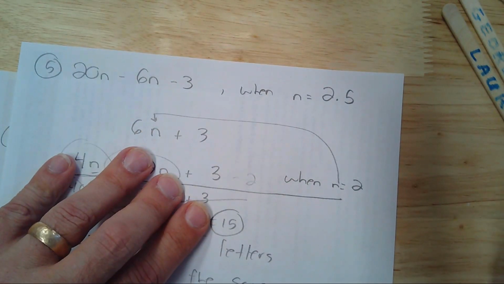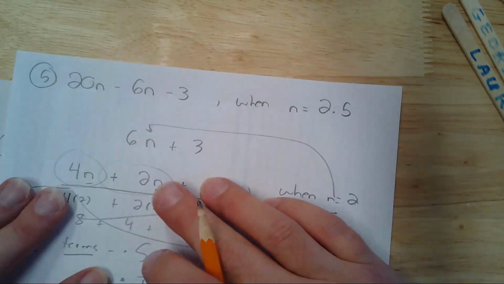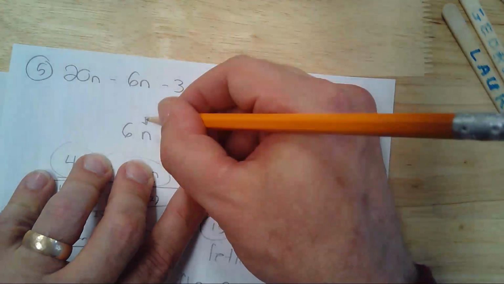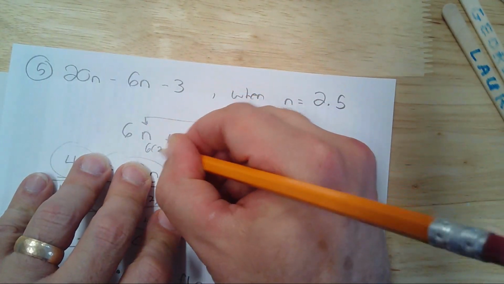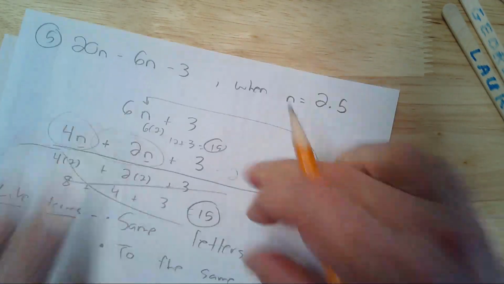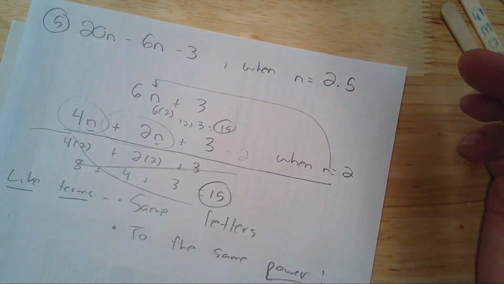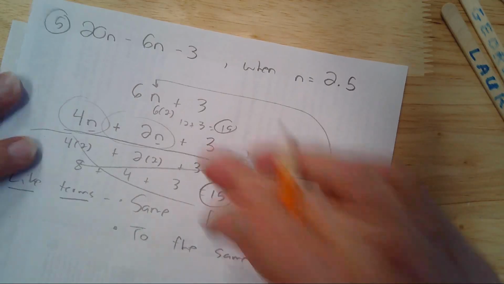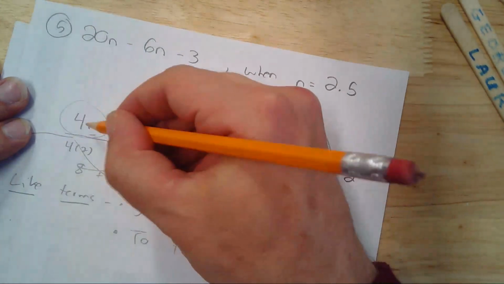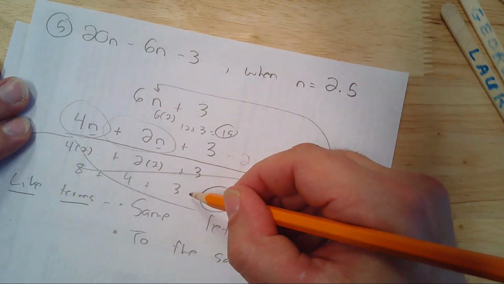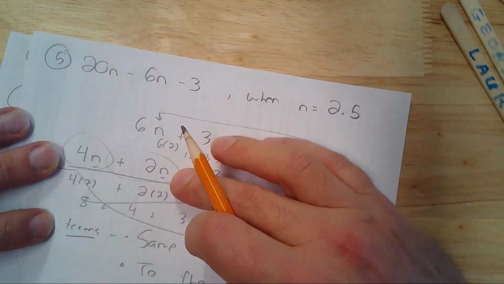These are not as hard on the math. It's more focused on doing this step than solving it. But n equals 2, what's 6 times 2? 12. What's 12 plus 3? 15. Same answer. Still 15, right? But what did I do? Instead of plugging it in and solving this problem equals this, and this problem equals that, and then adding 3 numbers, no, I combine my like terms.